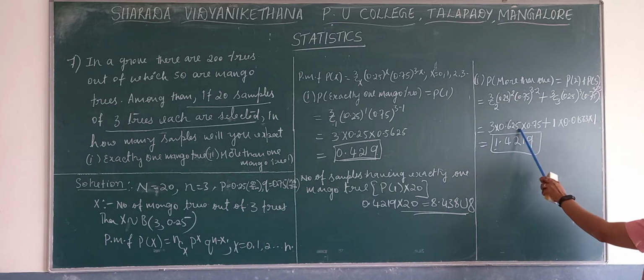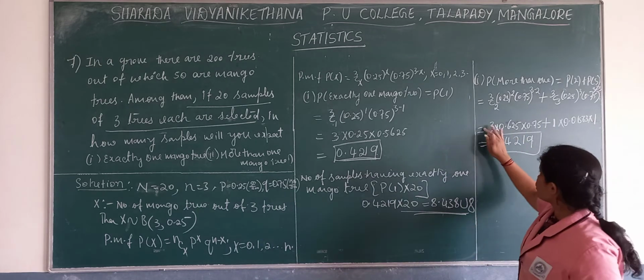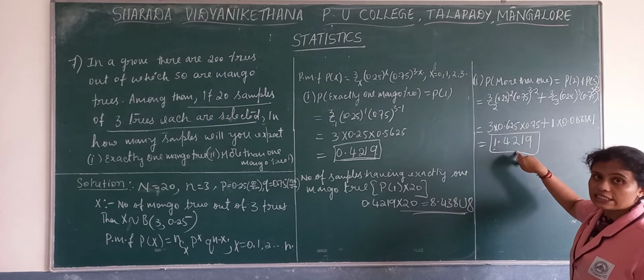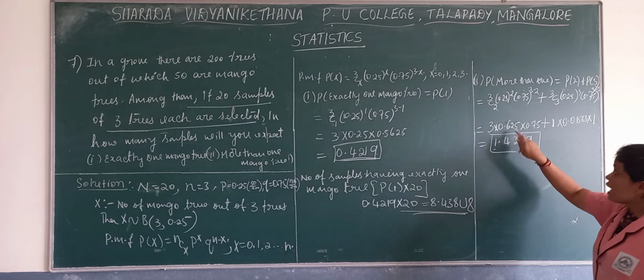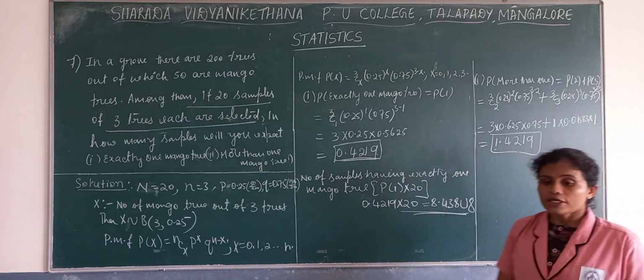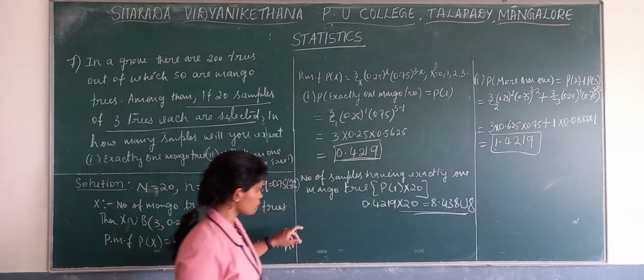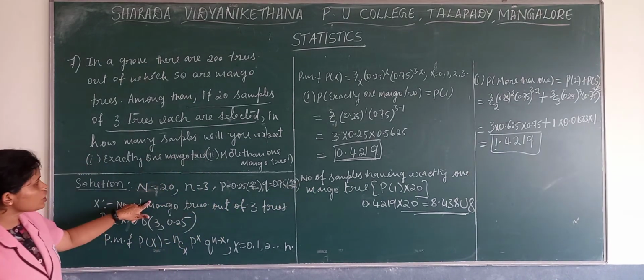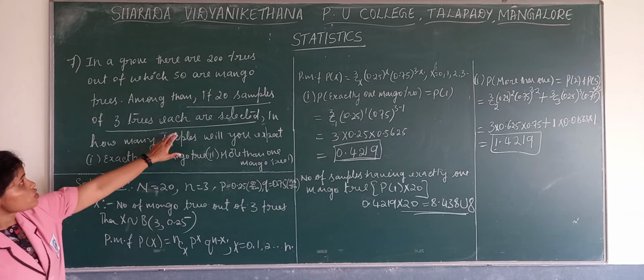I did not show multiplying this and this. We need to multiply this as well as this, then add. Directly I have taken the final added answer. Now here at last, in the previous problem we multiplied with 50. Now here also we need to multiply with 20 samples.